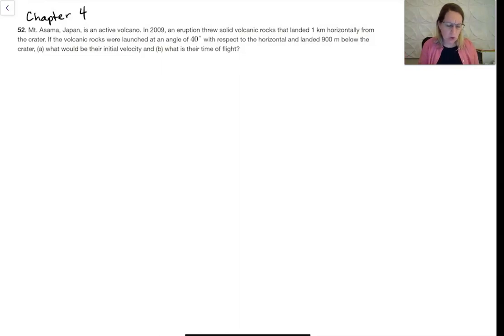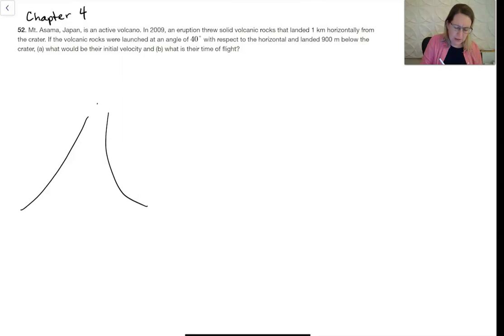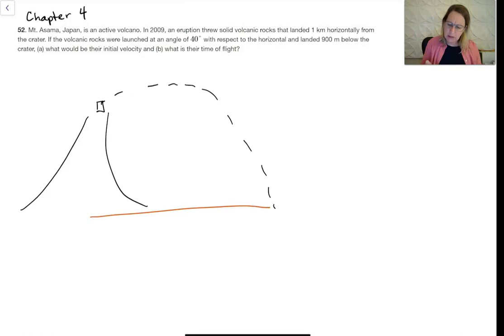So here we can see that we have a volcano. I can draw a volcano. And it has a rock that landed, sort of went up, and then we guess went up and went down. And it says it landed 1 kilometer, or 1,000 meters, away.